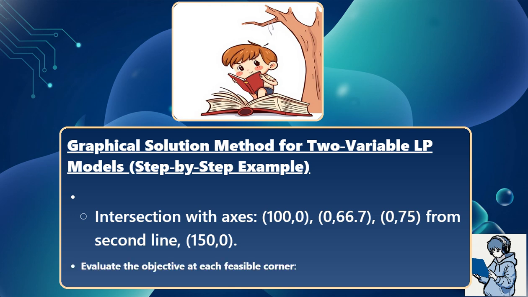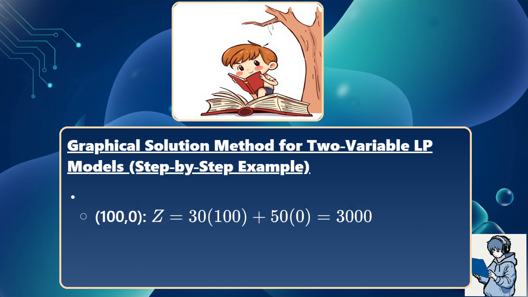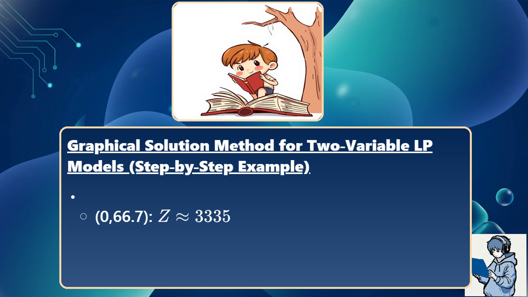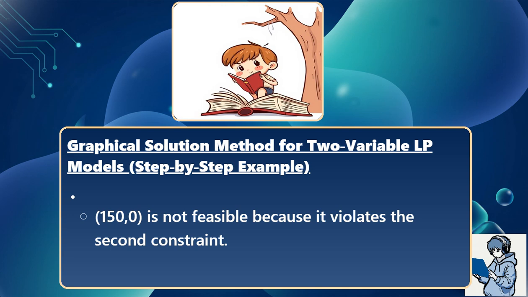Evaluate the objective at each feasible corner. (100, 0): Z equals 30 times 100 plus 50 times 0 equals 3000. (0, 75): Z equals 30 times 0 plus 50 times 75 equals 3750. (0, 66.7): Z approximately 3335. (150, 0) is not feasible because it violates the second constraint.